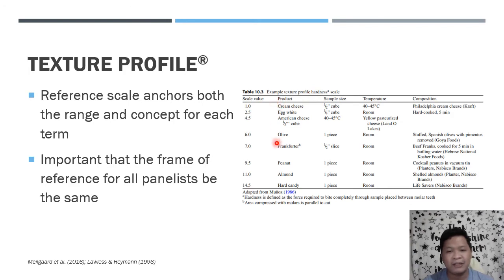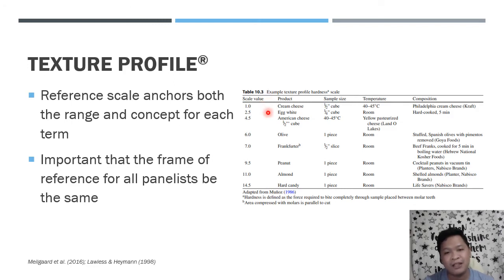marami pang ibang forces that when you apply compression, marami ka pang ibang madedetect like springiness, chewiness, etc. So, kailangan ma-call out mo yun na kapag hardness yung tinitignan mo, pag ginaya mo tong mga references na to, yung hardness lang based on the definition, yung ina-assess mo.